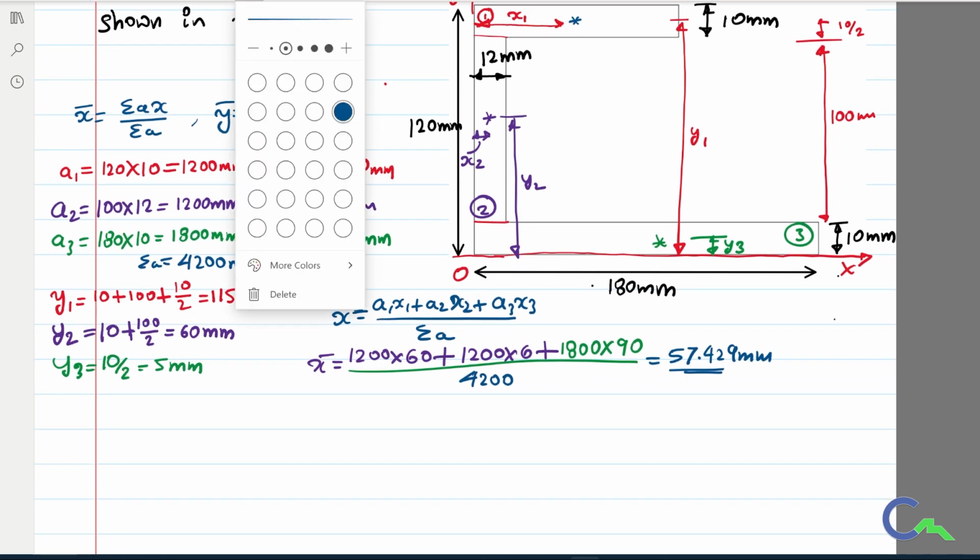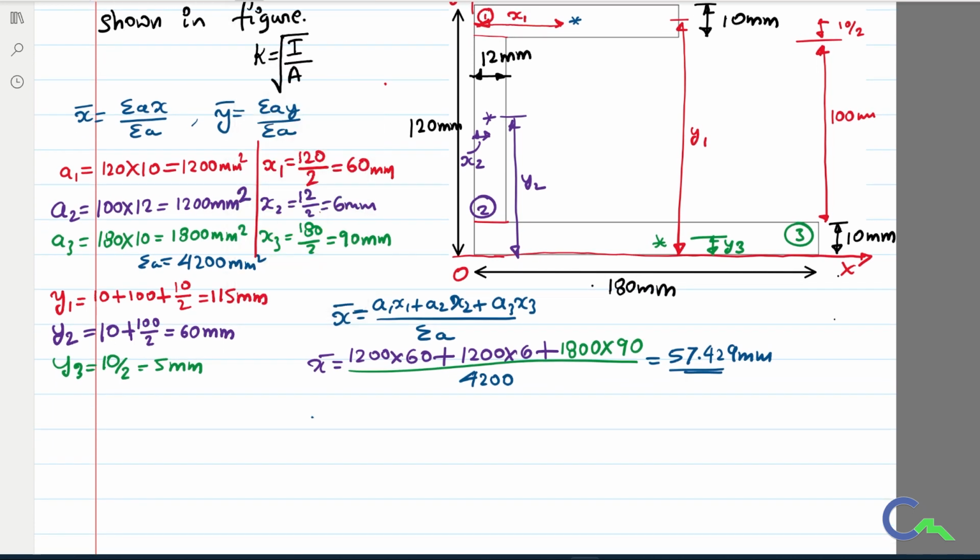Similarly, I am going to calculate y bar. So y bar is nothing but a1 y1 plus a2 y2 plus a3 y3 divided by sigma a.